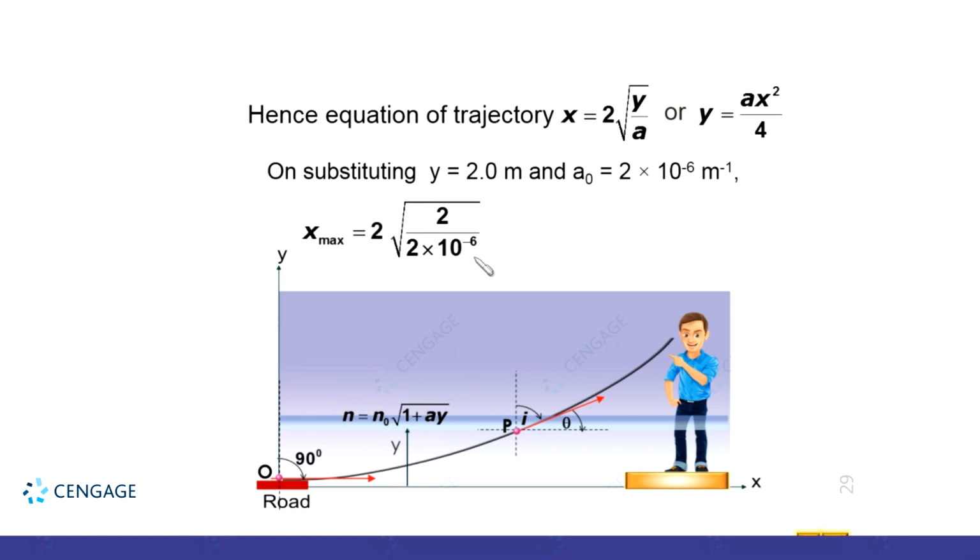So this is the value of x, that is the maximum possible distance of the man from the road. After solving, this is equal to 2000 meter, that is 2 kilometer from the runway. If the man is located beyond this distance, he cannot observe the road, because the eye level of the man will not pass through the trajectory of the ray.